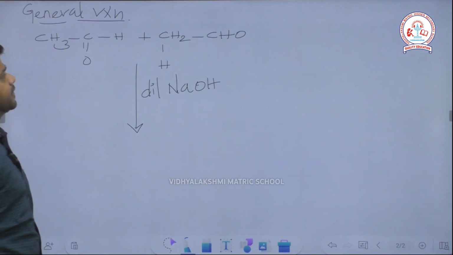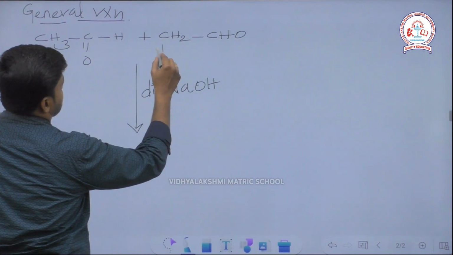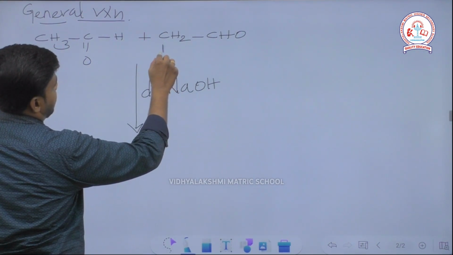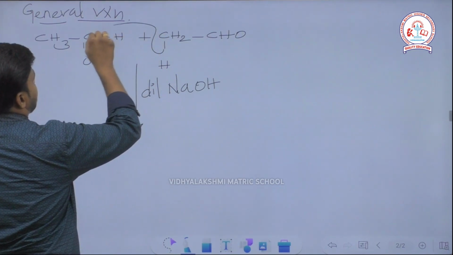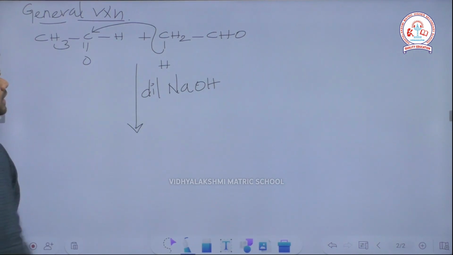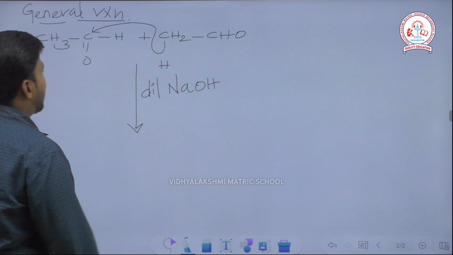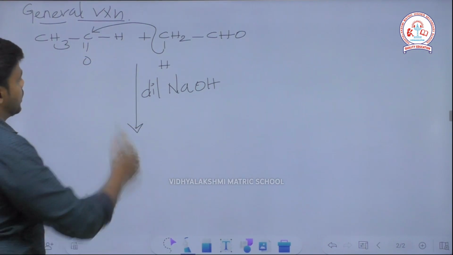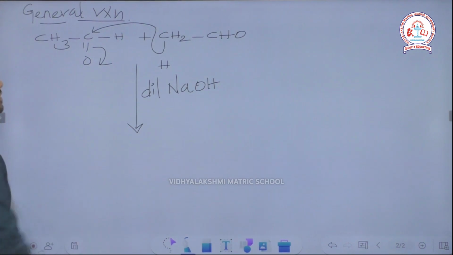Both are acetaldehyde. What happens here? This carbon will take up the electron of the hydrogen and approach this carbon, thereby a bond is formed between these two carbons. So the valency of this carbon becomes 5, so this bond will shift. This oxygen will take up the hydrogen and forms OH.